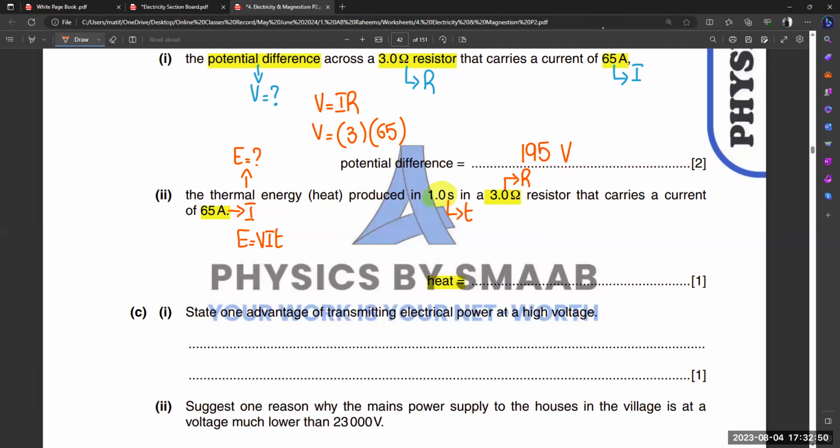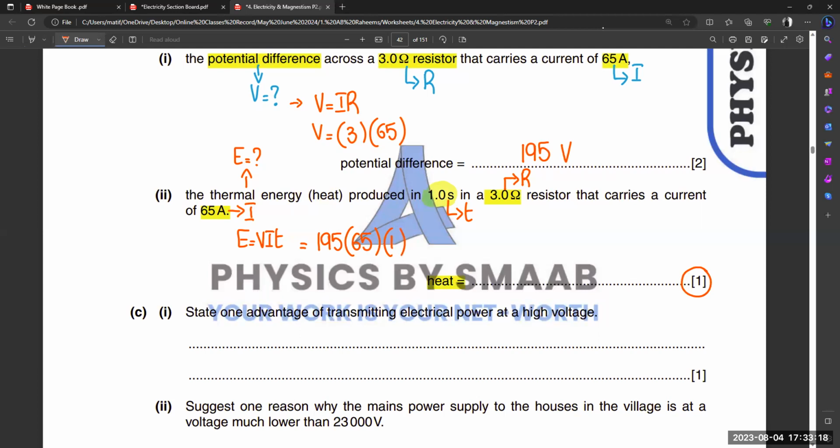But you already calculated V in the previous part, so we use the value from the previous part, because you can see that the question is only 1 mark. It means it is not a very lengthy one. So 195 multiplied by 65 multiplied by 1.